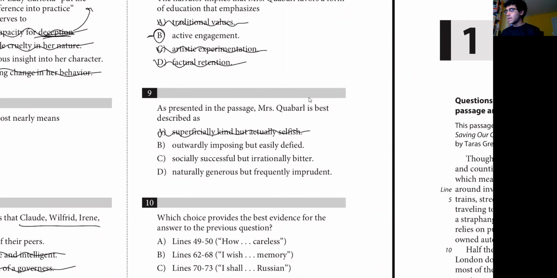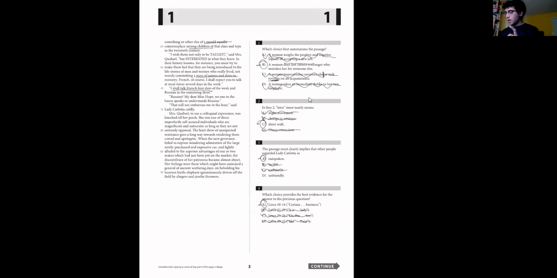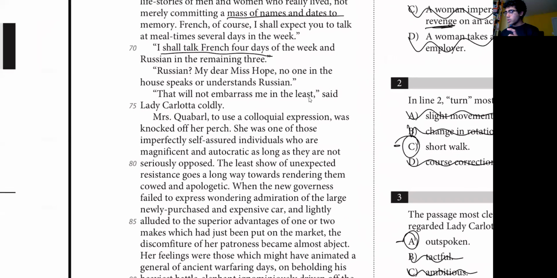Outwardly imposing but easily defied. So this actually comes back to where she was knocked off her perch, right? It says she was one of those imperfectly self-assured individuals who are magnificent and autocratic as long as they are not seriously opposed. So they're all big, they have this huge persona, they think they're all that.